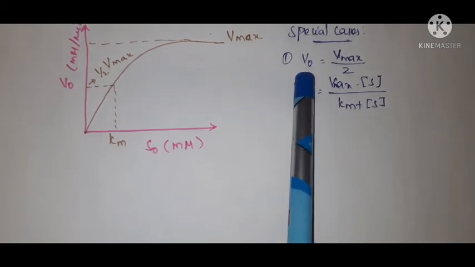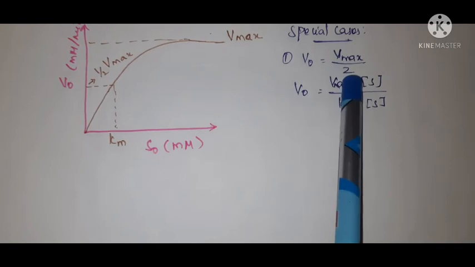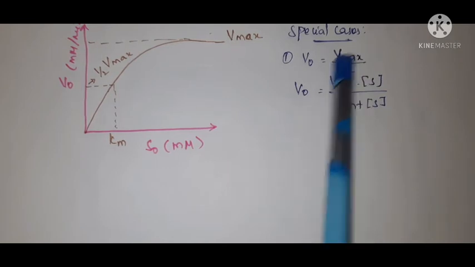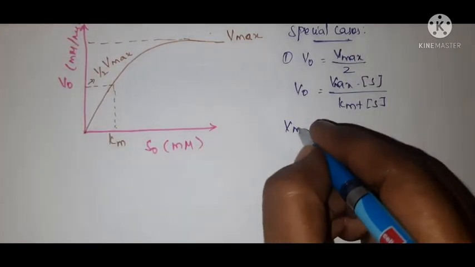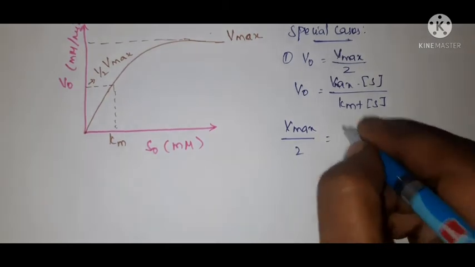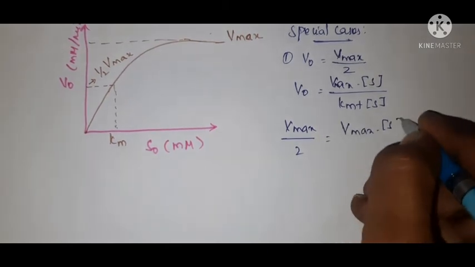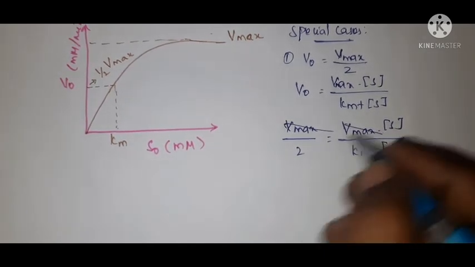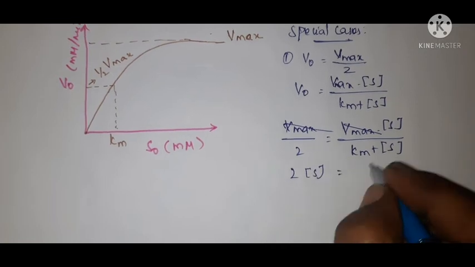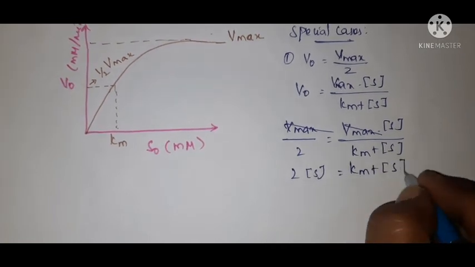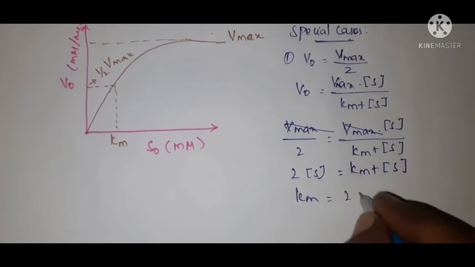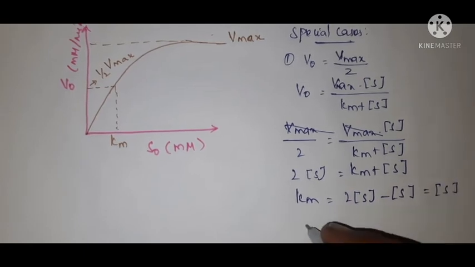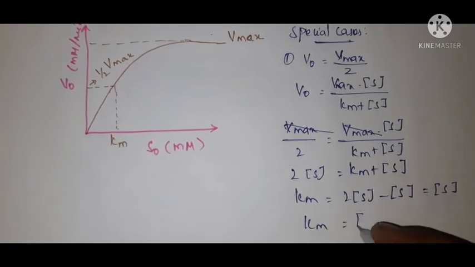In the first case, when the velocity V0 is exactly half of the maximum velocity, that is V0 is equal to Vmax by 2, substitute in this equation: Vmax divided by 2 is equal to Vmax into S divided by Km plus S. Cancelling out, 2S is equal to Km plus S. So Km is equal to 2S minus S, that is equal to S.